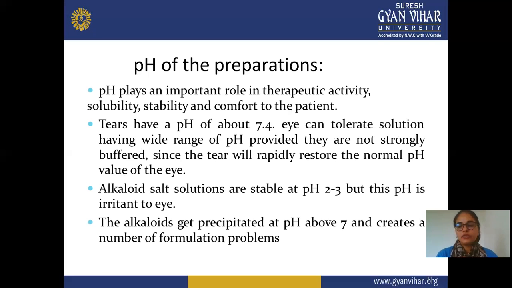But the eye has a very good capacity, so it can tolerate other pH conditions also. But it is not a good thing, as it may sometimes show some severe effect. So try to prepare accordingly. But the eye capacity is good, it tolerates any other pH formulation, because your tear is continuously secreted, and according to this secretion, it can easily maintain the required pH of your eye.